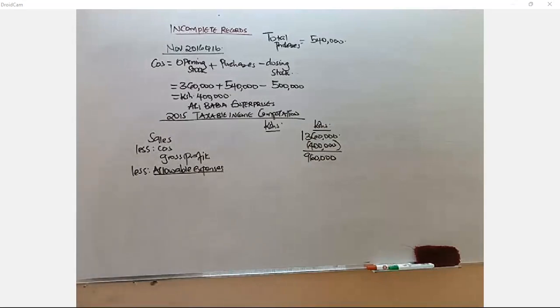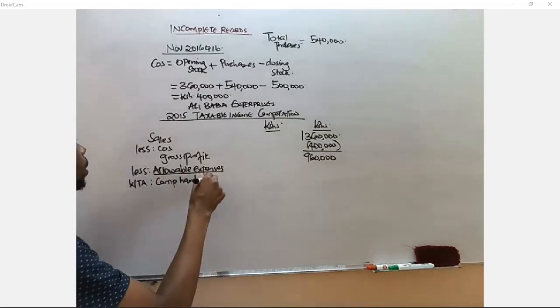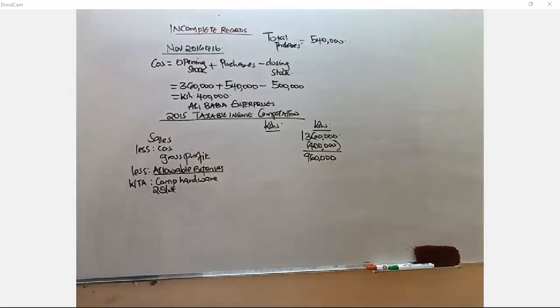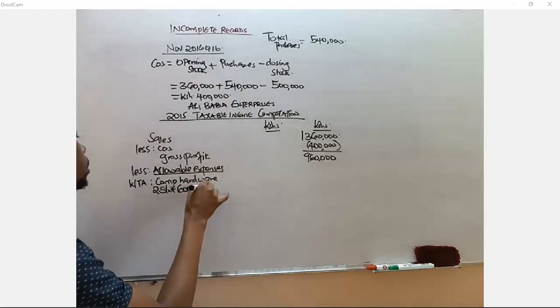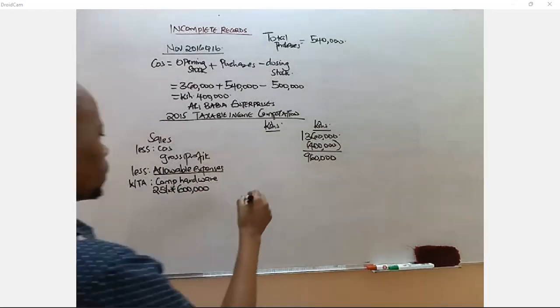In this case, you know very well that in taxation, we don't recognize any purchase of an asset, but we recognize the capital allowances. In the capital allowances, let us give the WTA for those items. For hardware, which qualifies for 25%, 25% of the total cost, which we have been given as 600,000, should be around 150,000.